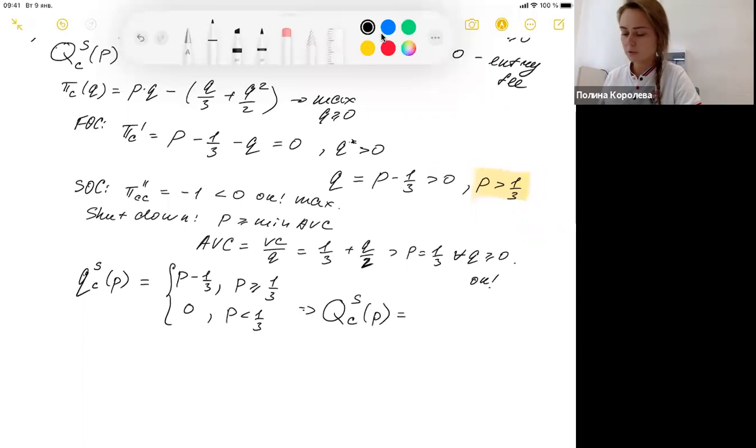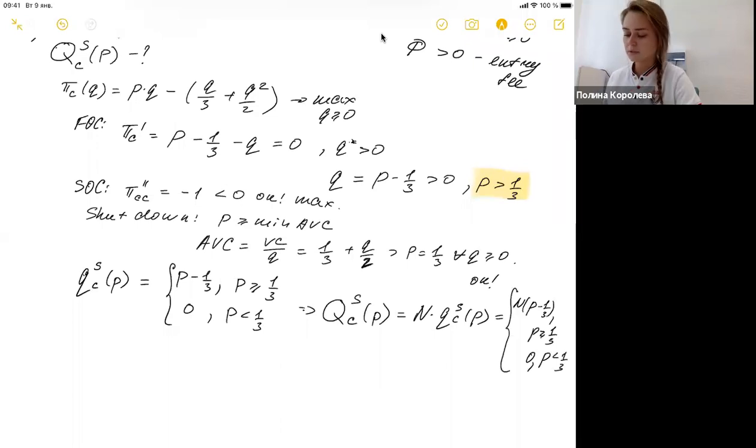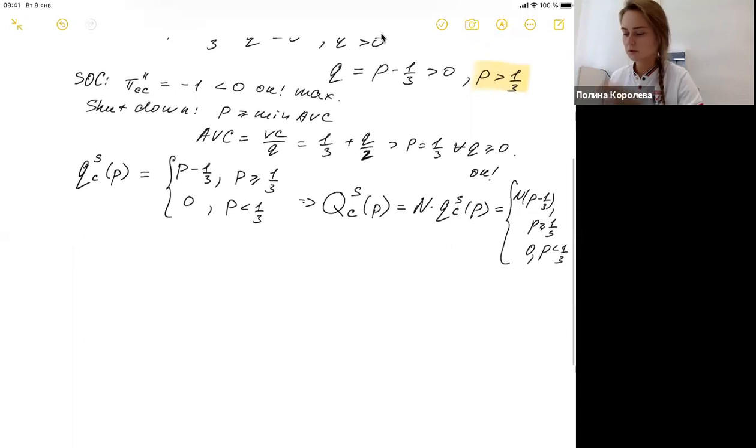That's why they will supply together, n multiplied by the individual supply function of one competitive firm. And this will be n times price minus 1/3 if price greater than 1/3 and 0 otherwise. Guys, please ask questions if something you do not understand.